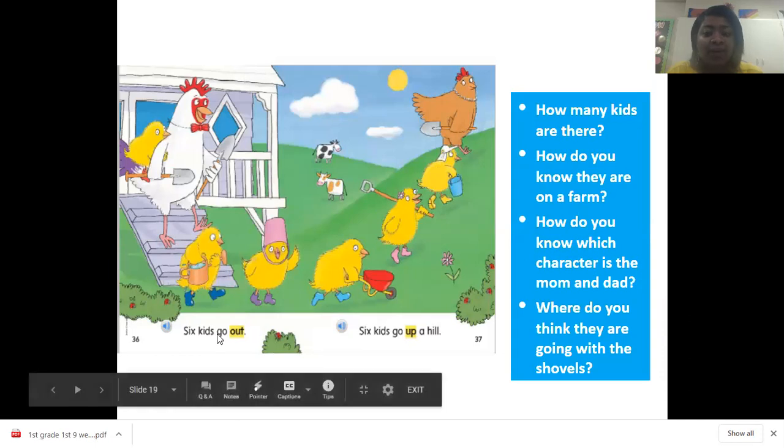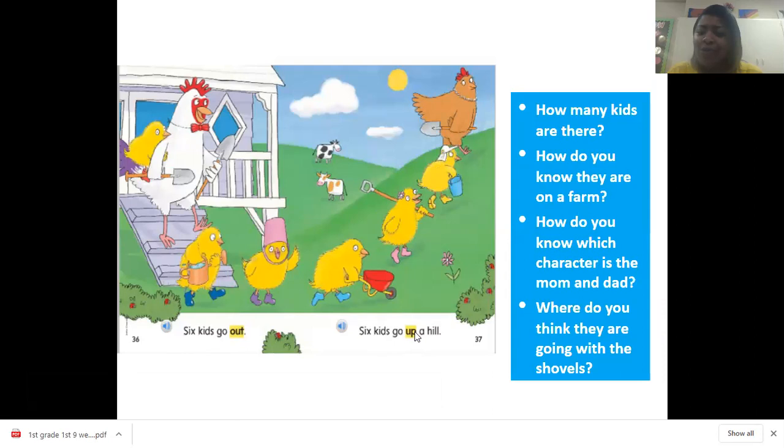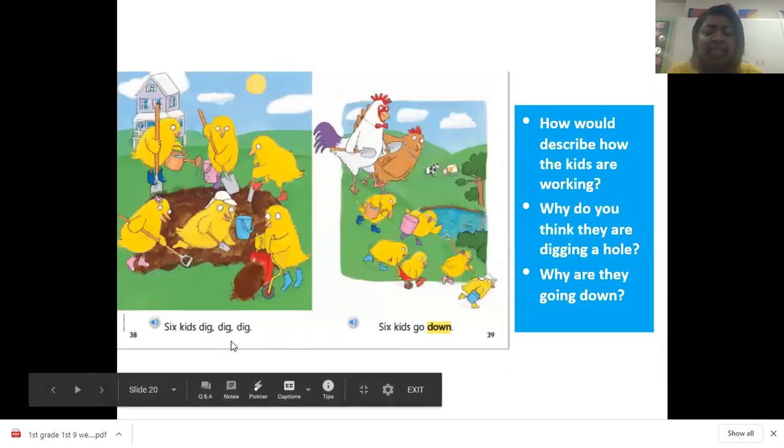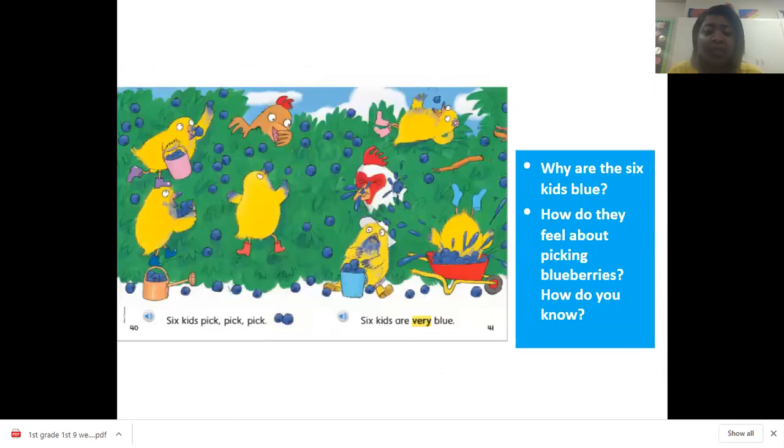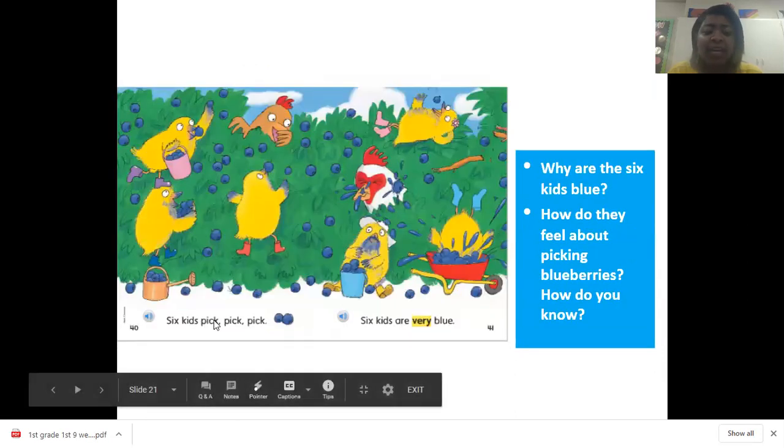6 kids go out. 6 kids go up a hill. Where do you think they're going with the shovels? 6 kids dig, dig, dig. 6 kids go down. Why are they going down? 6 kids pick, pick, pick.